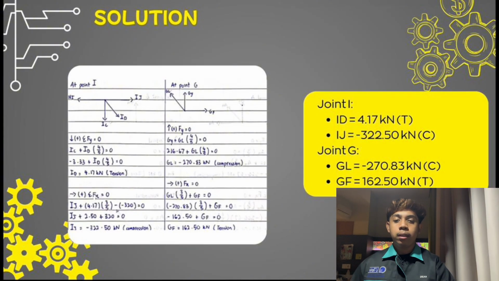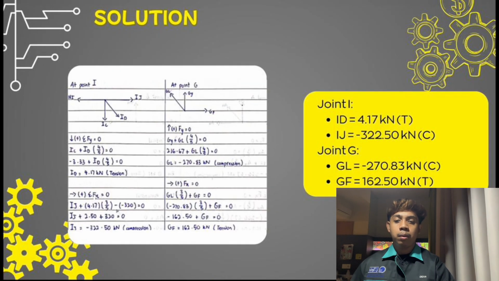Alright, for internal member forces, joint I and joint G. For joint I, member ID carries 4.17 kilonewtons in tension, and member IJ carries 322.50 kilonewtons in compression.